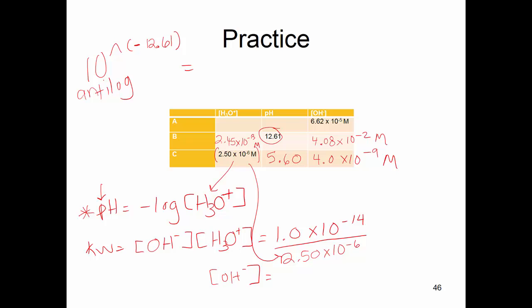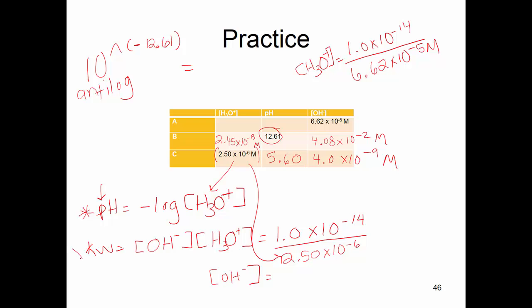Then A. This time we want to look for pH and hydronium concentration, and we're given the hydroxide concentration. For this one, we still start with Kw, but we have to find hydronium concentration. We take our Kw and divide by the hydroxide concentration, and that will give us the hydronium concentration.